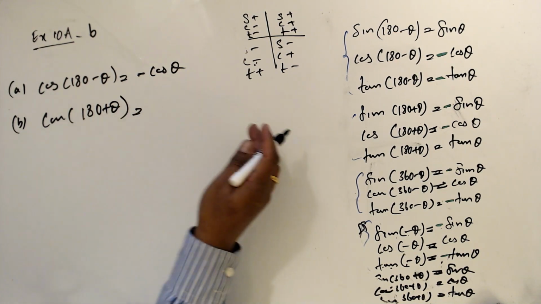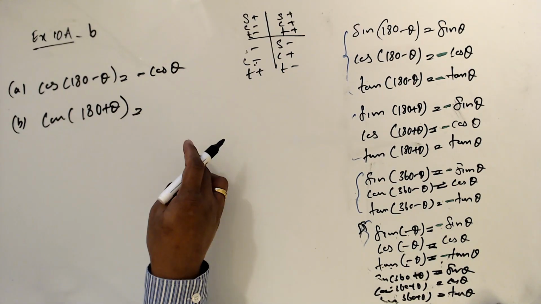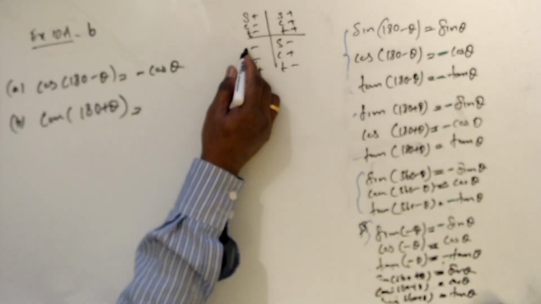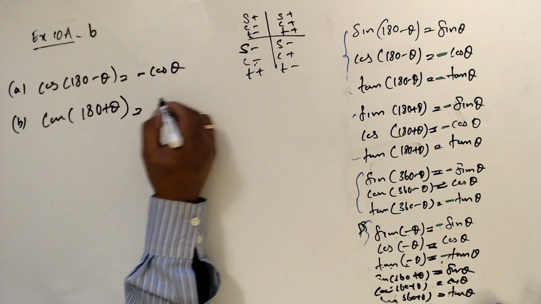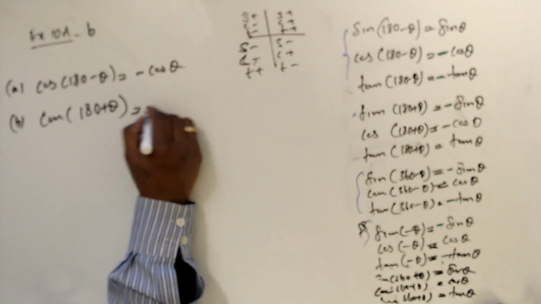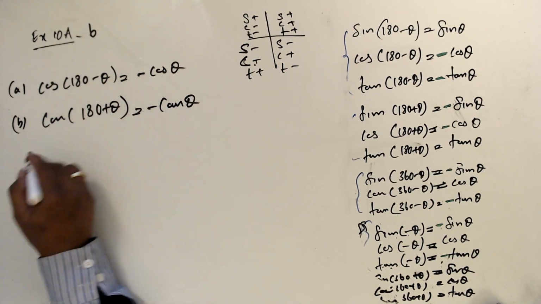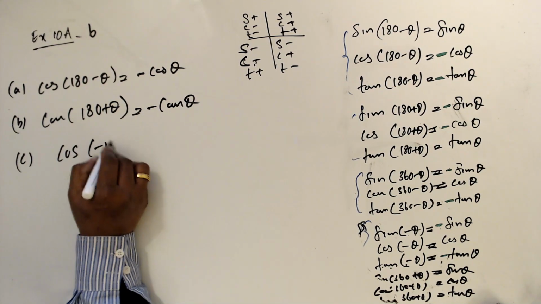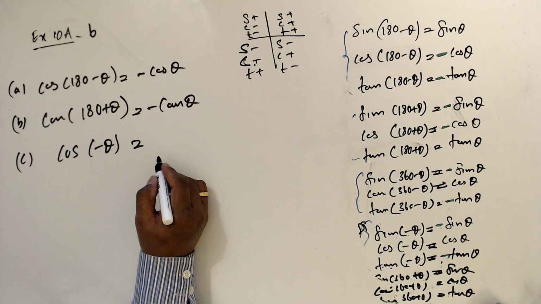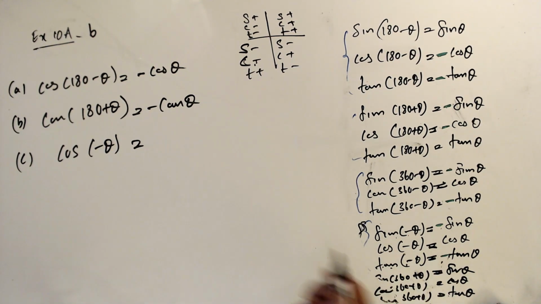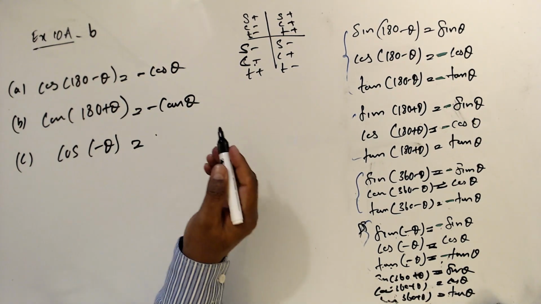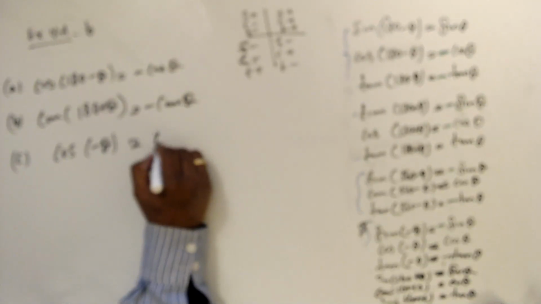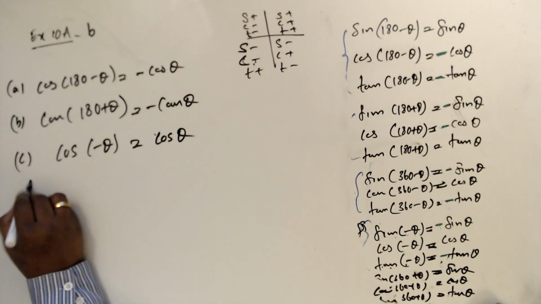So 180 and another theta, you are in the third quadrant. Third quadrant cos is also negative, so minus cos theta. Theta is acute. C: cos minus theta. Cos minus theta we know is simply cos theta, in the fourth quadrant cos is positive. So cos theta.